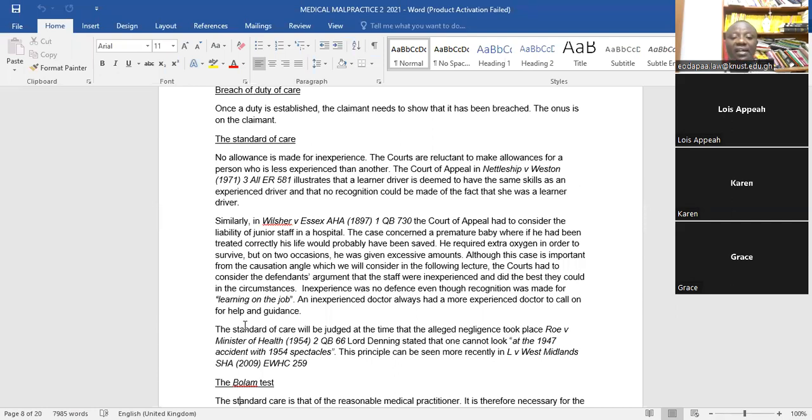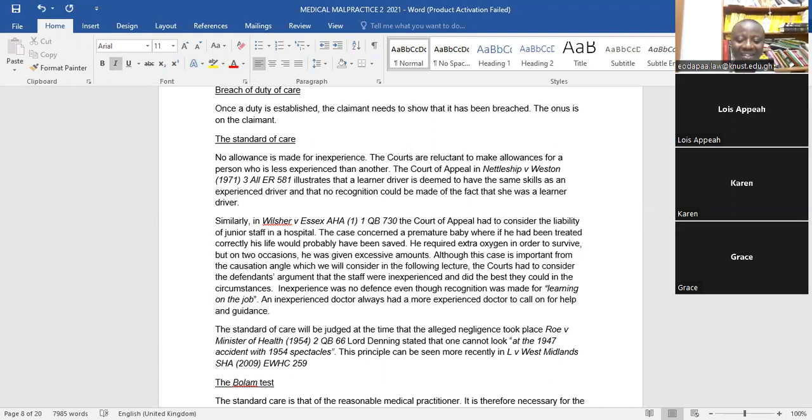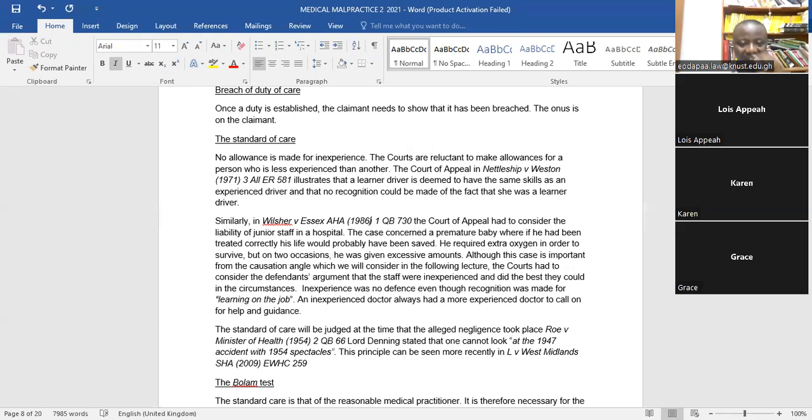It's 1986 rather, not 1897. In any case, in 1897, there was nothing like the NHS. Yeah, so for example, if you look at Wilsher against Area Health Authority, the English Court of Appeal had to decide liability of a junior staff in the hospital.